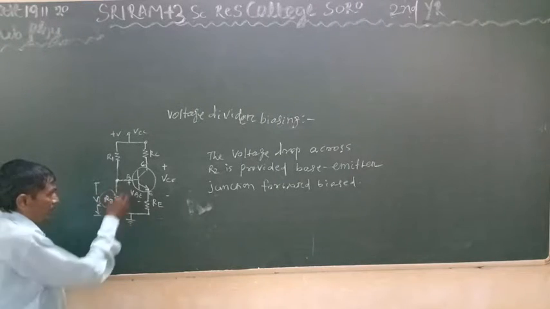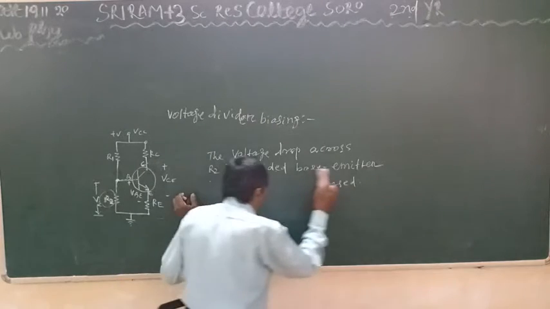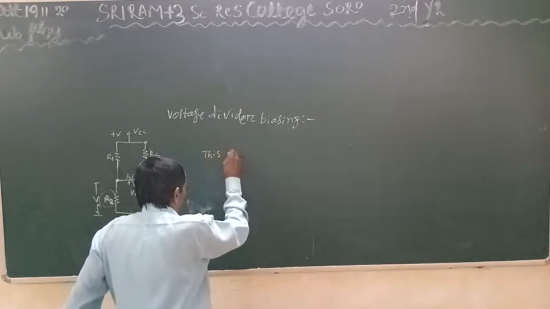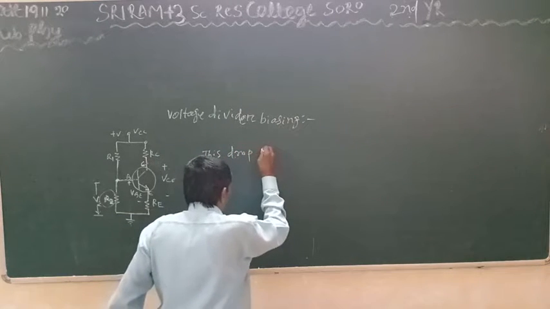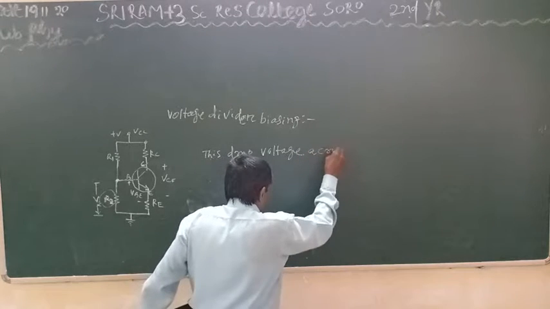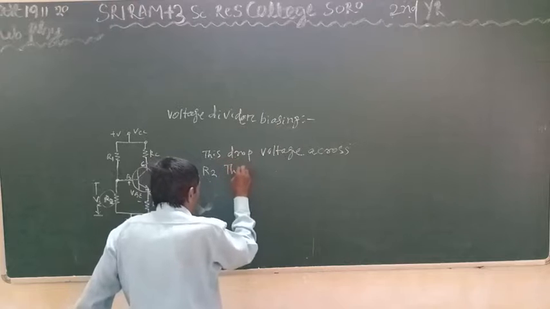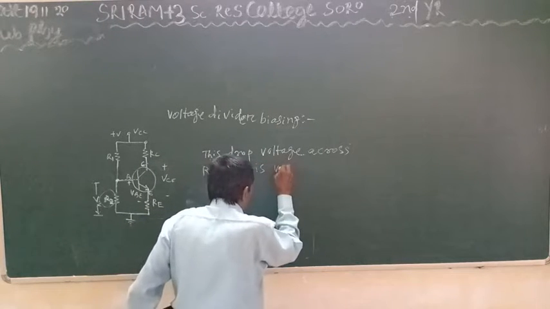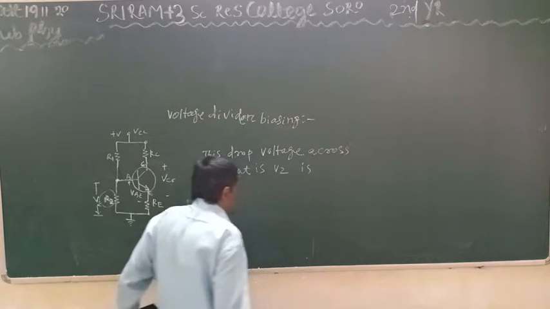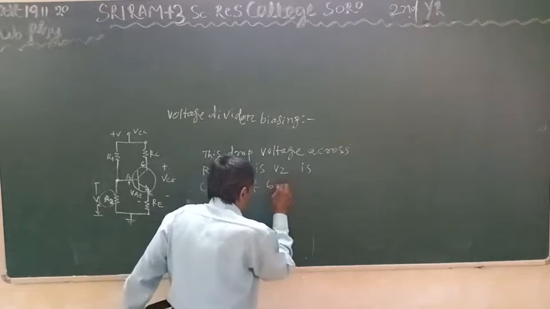Now, this drop voltage V2 across R2 is the cause of the base current.